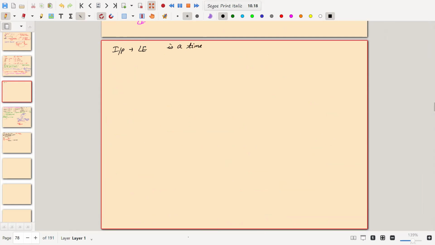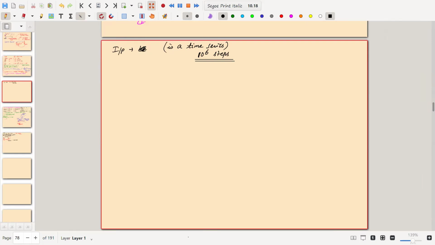How long can you iterate this? It can be 10 to the power of 6 steps. 10 to the power 6 steps means how many iterations? 10 lakh iterations. 10 to the power 6 steps is the input.